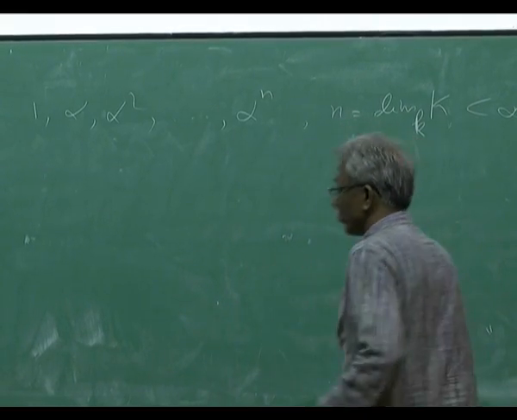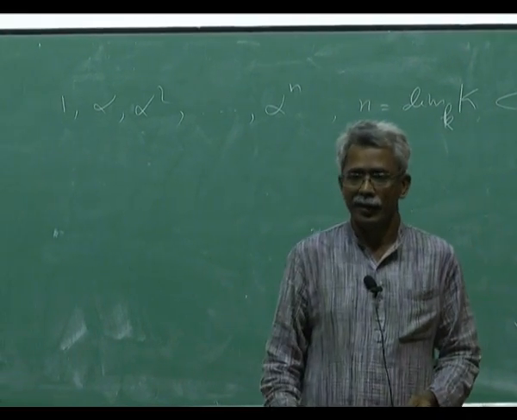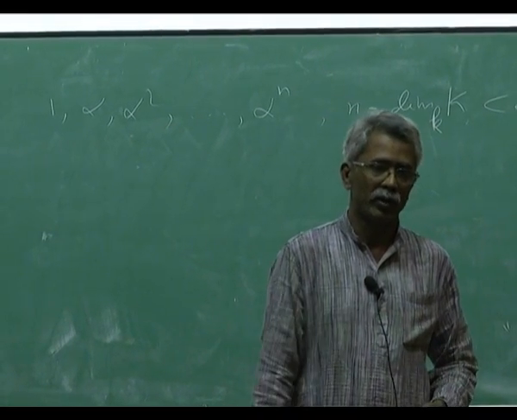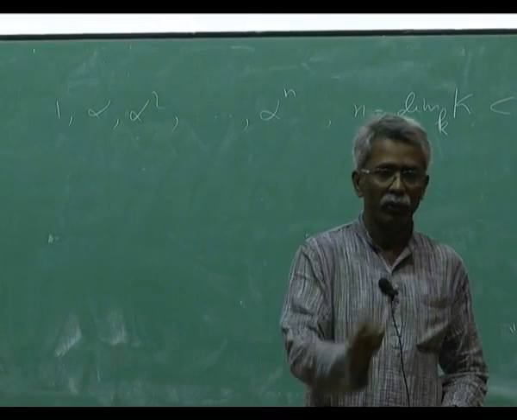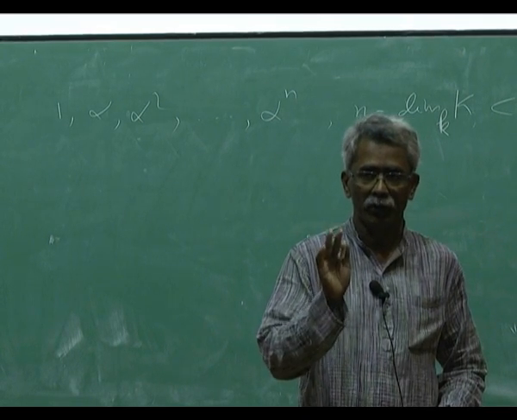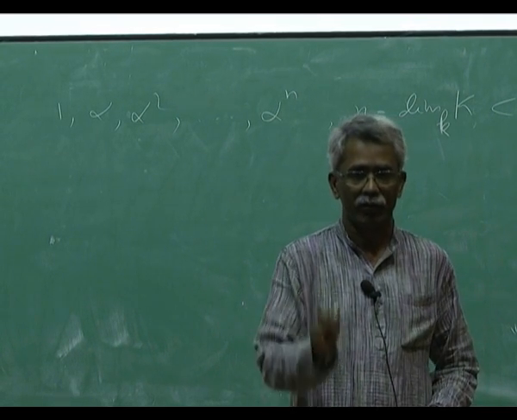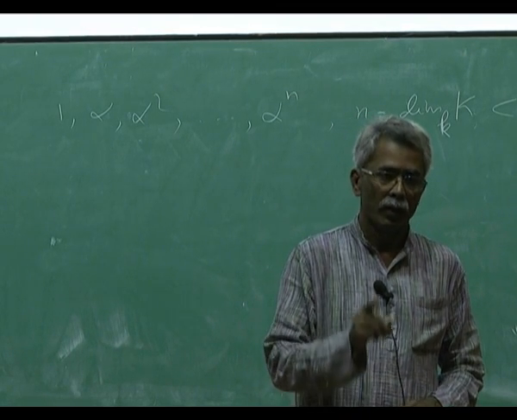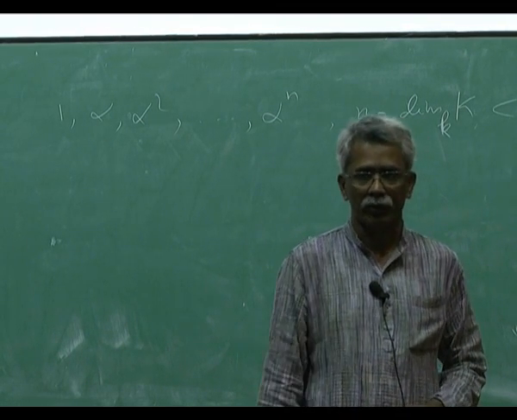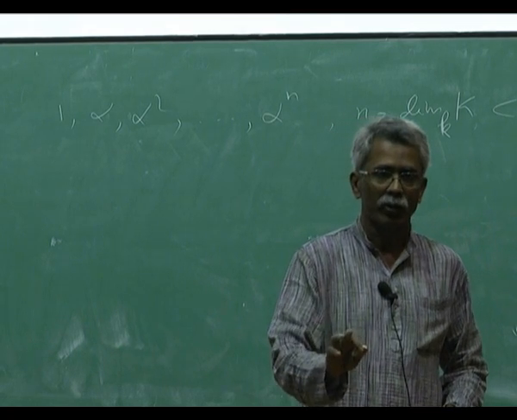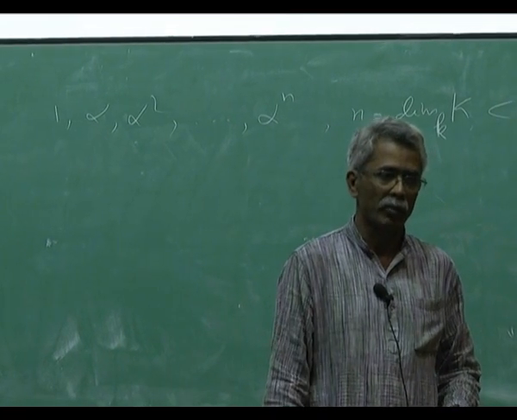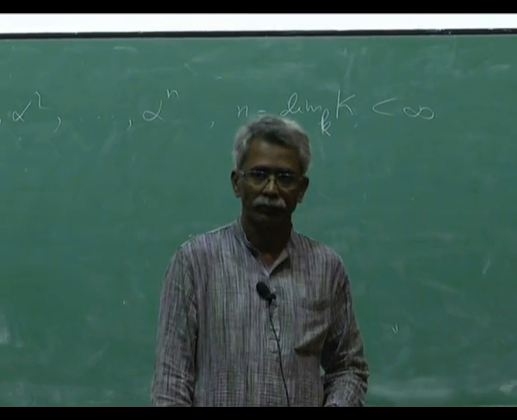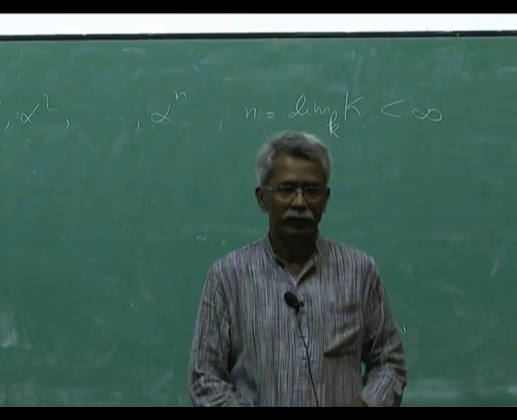Now if that polynomial has no repeated roots, then you say it is separable. Failure of that can happen only in the case of positive characteristic. In characteristic 0, every extension is separable, no need to worry, automatically. You understand?